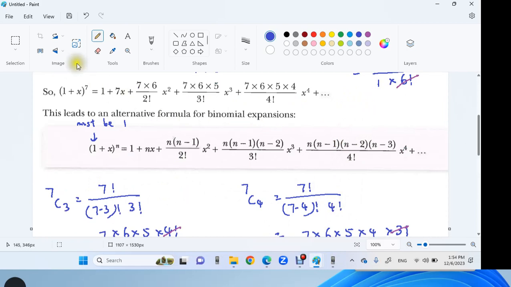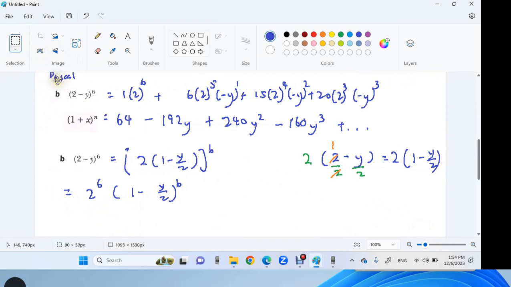We can compare this one, (1 plus x) to the power n, with what we have found here. So you can see that the 1 and 1 are the same. Then the n here is 6, and the x here is negative y over 2.